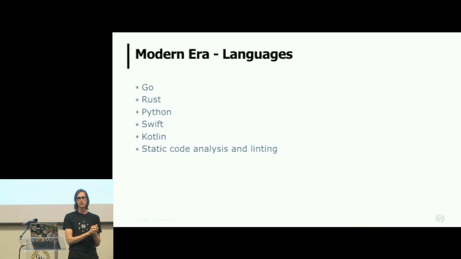And languages, we've got some new languages. We've got things like Go and Rust and Python, Swift, Kotlin. Some of these are solving the problems that we face today. Go and Rust, very much about this very high throughput, highly concurrent distributed computing. Languages like Swift, trying to solve the problem that Objective-C was not necessarily accessible for a large amount of developers.